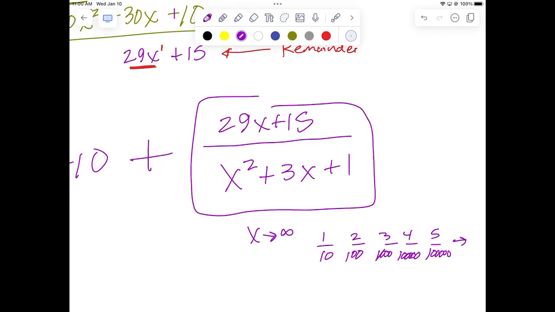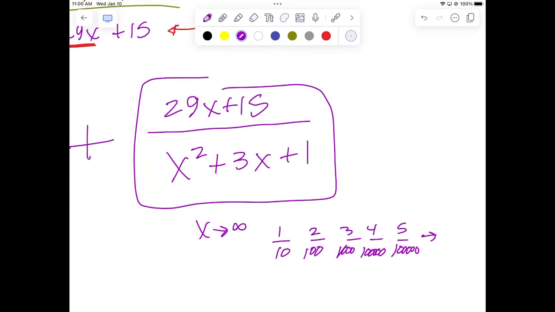What's happening to those ratios? 1/10, 2/100, 3/1,000, 4/10,000, 5/100,000. Are those ratios themselves getting bigger or smaller? Smaller. They're actually getting smaller, approaching what? They're approaching 0.